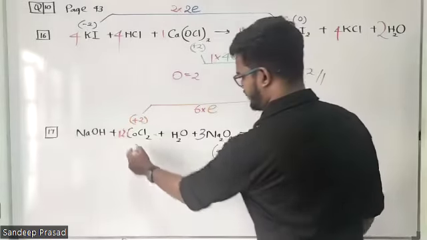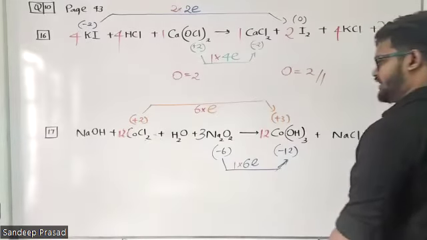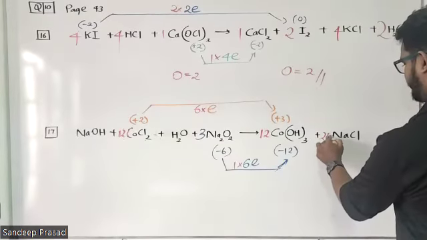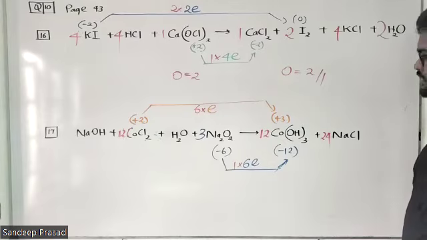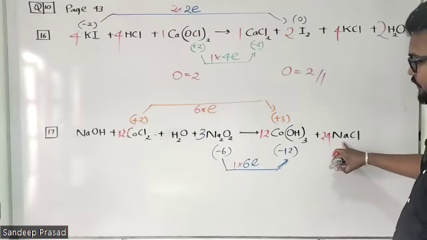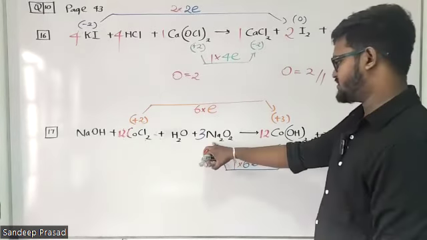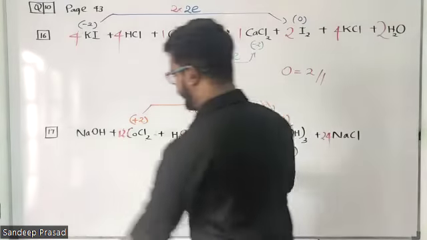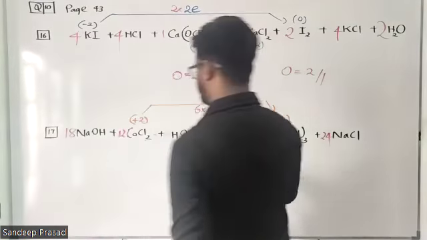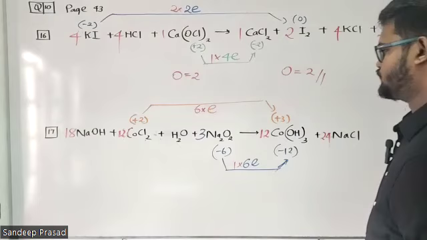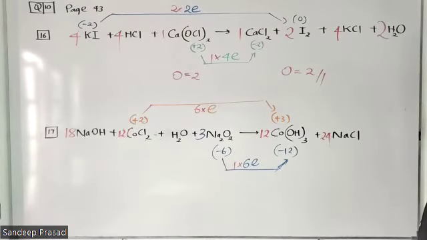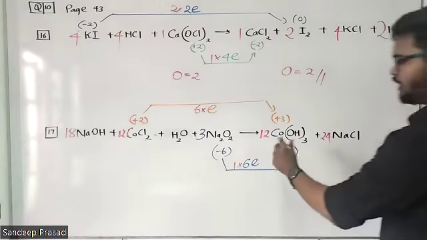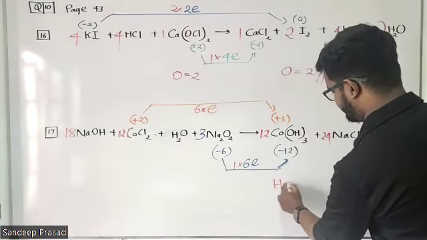And you can see that there are 24 chlorine atoms. Let me put here 24 sodium chloride. How many sodiums are there? 24. Here we have 6. And then we need 18 more. Then let me put here 18. Okay, 18. And you can see how many hydrogens are there in the right hand side.